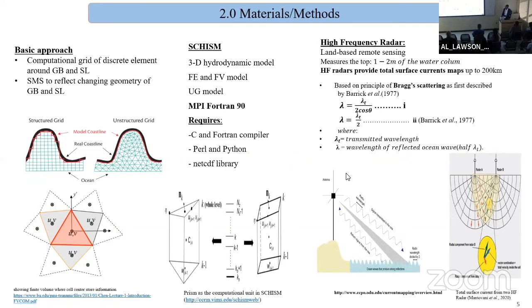And because we are basing our solution on a numerical method, the solution requires that we compute the variable that we are looking for at every discrete point along the bathymetry of either Galveston Bay or Sabine Lake.